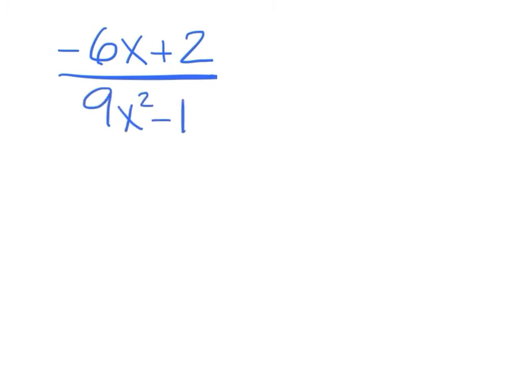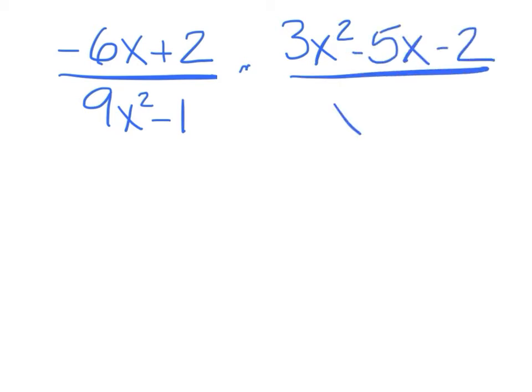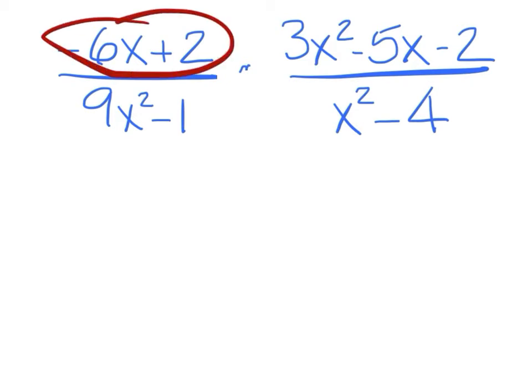This example is negative 6x plus 2 over 9x squared minus 1, times 3x squared minus 5x minus 2 over x squared minus 4. This up here, it could be possible to take out a 2, or maybe even a negative 2.